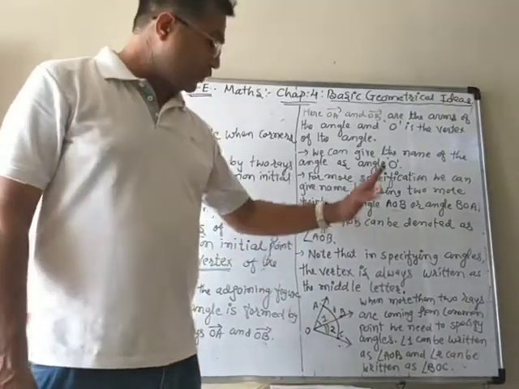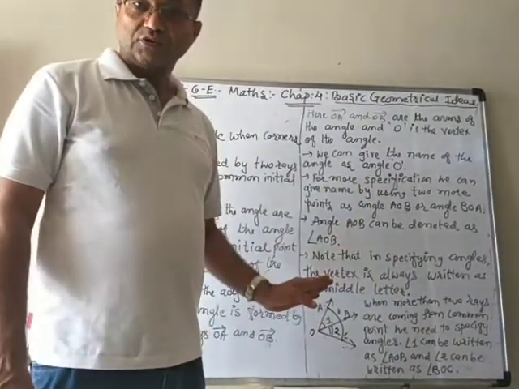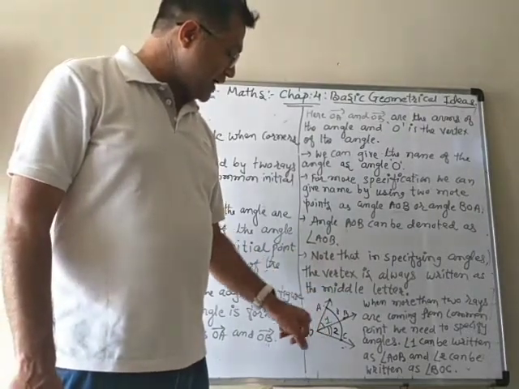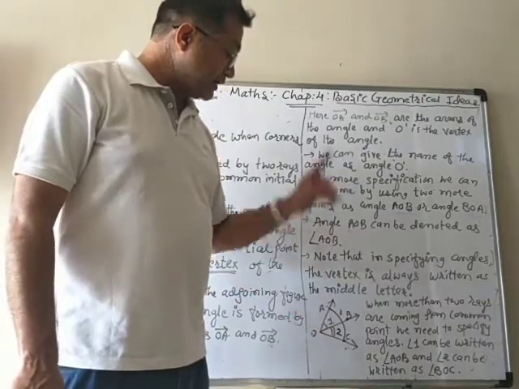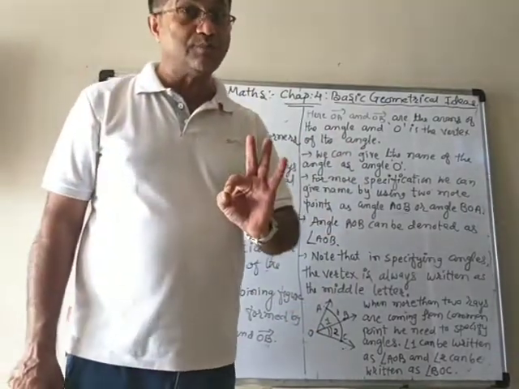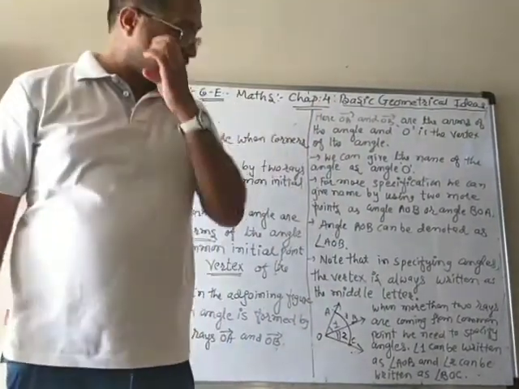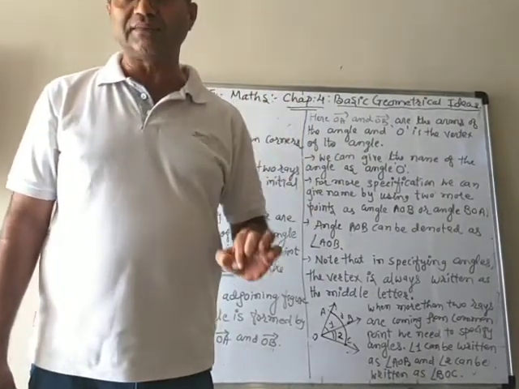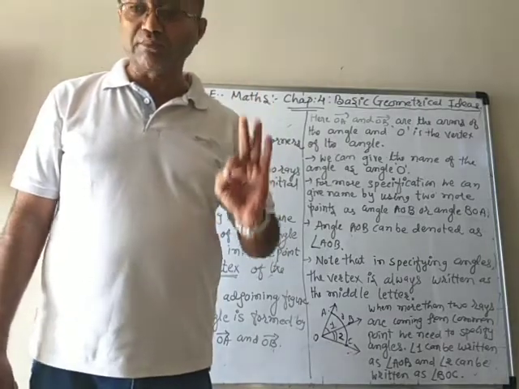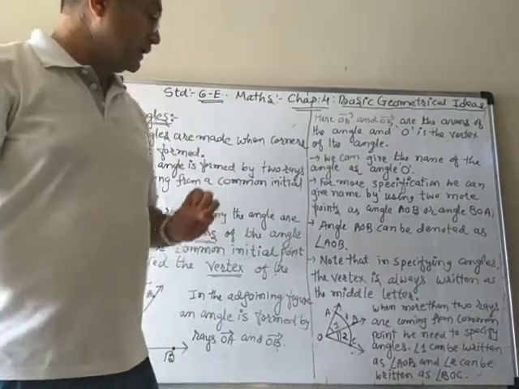And if the whole angle is necessary, then you can write angle AOC or angle COA. And in all situations, as I told you, please be careful that the vertex must be in the middle letter.